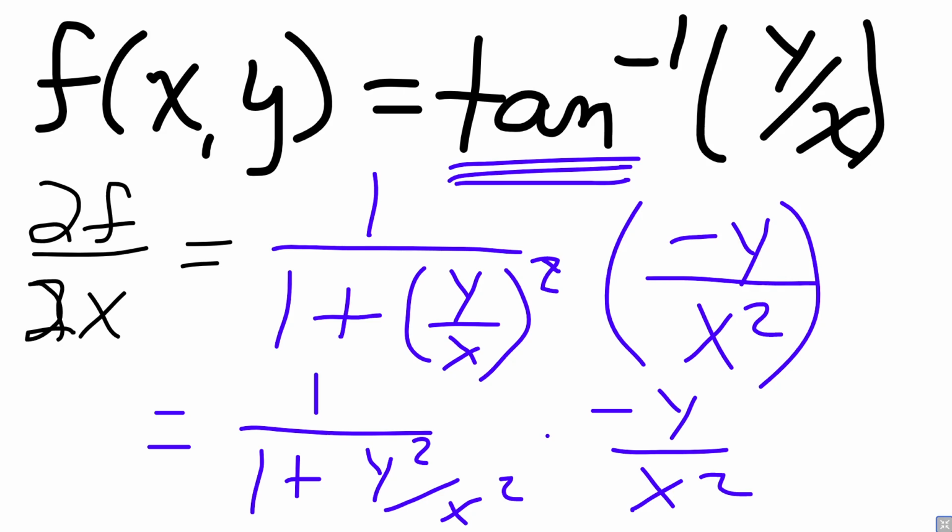If we multiply this out, we end up with negative y on top, and for the denominator, x squared plus y squared. And that will be our derivative. Any questions?